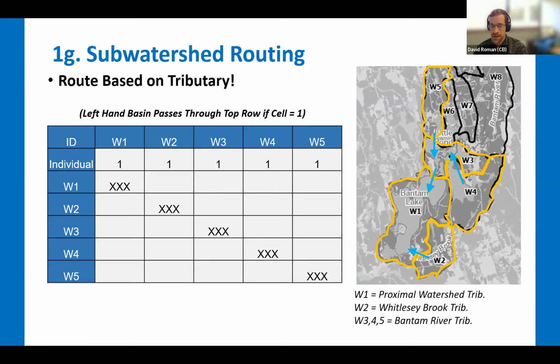So it can get complicated, but once you look at the table, it's usually pretty easy to get it straightened out. And then one QC check when doing routing is you can always make sure that the cumulative areas match. So if you know what the overall watershed area is, make sure that when you're doing the routing that everything lines up, and you'll know that it's then represented correctly.